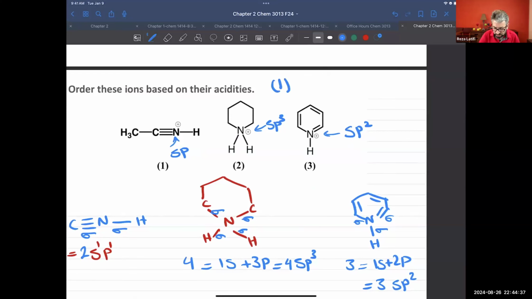Number 2 will be the weakest acid, or technically its conjugate base will be the strongest base. So I should just keep calling it the weakest acid.